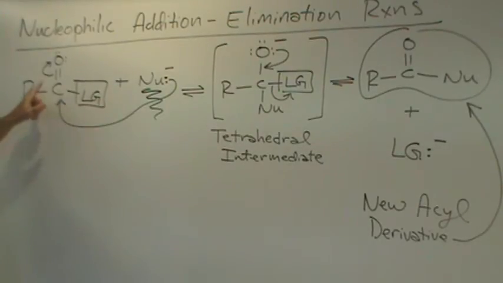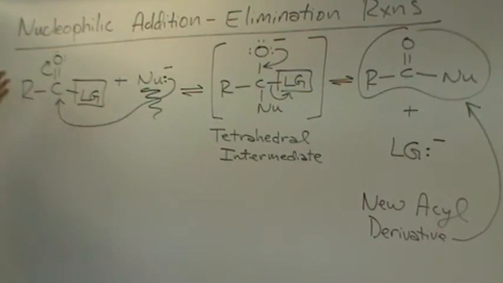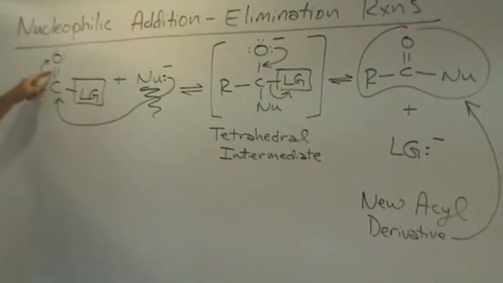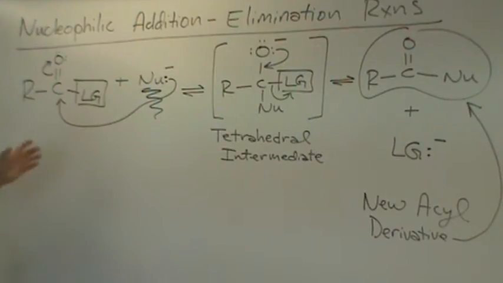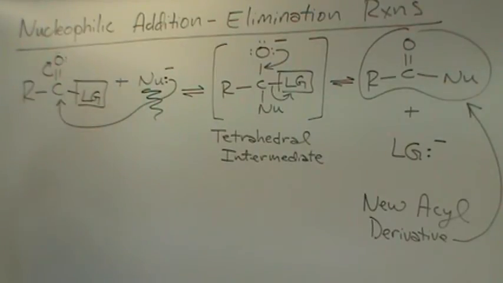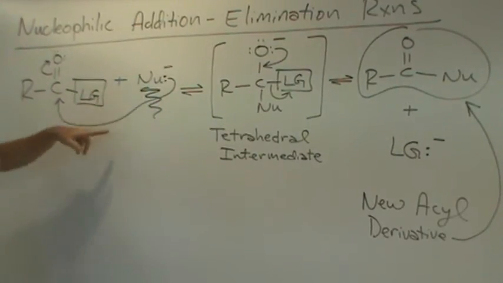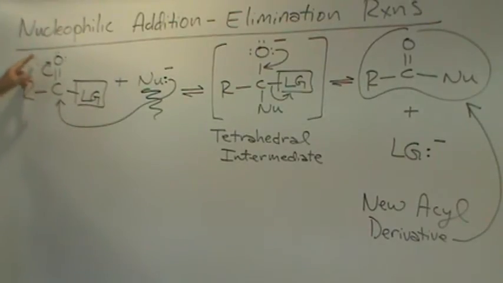At that moment, we're forming a new bond to that carbon, but we'd be in violation of the octet rule unless we kick those pi electrons up to the oxygen. This is a very simple arrow formalism, but it is critical. Nucleophile comes into the electrophilic carbon, knocking the pi electrons up to the oxygen.